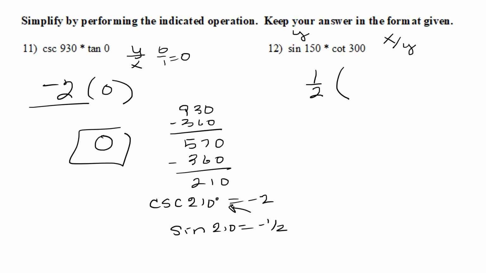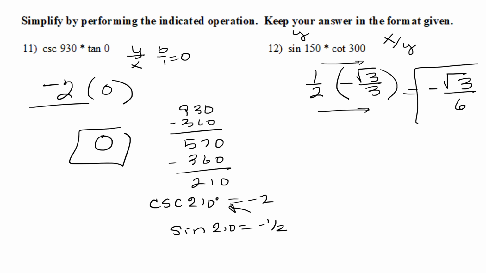So my x coordinate is going to be 1/2. The y is negative root 3 over 2. So it will give me a negative square root 3 over 3. And when I multiply, remember, just go straight across, numerator to numerator, denominator to denominator. So that will give me a negative square root of 3 over 6. And you cannot simplify, so you're all done.